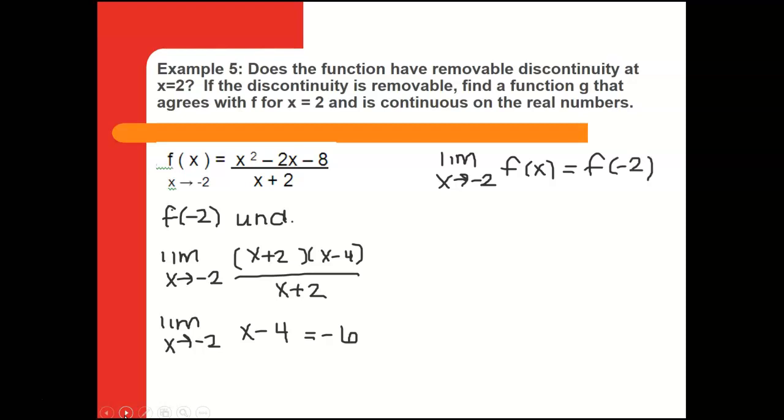In order to be continuous, the limit must equal the function value. Well, currently f of -2 is undefined, but the limit is -6. So that means that I need f of -2 to also equal -6.